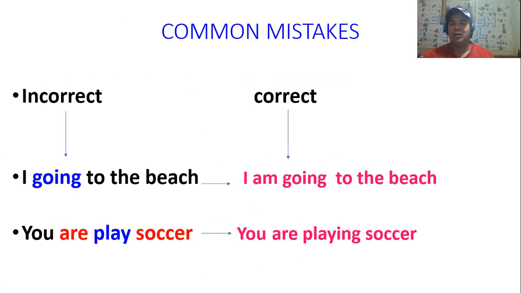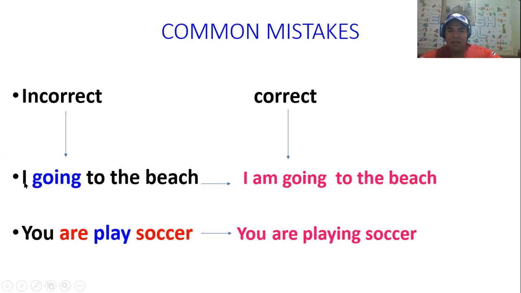So let's continue. Common mistakes. Errores muy comunes. When we are using this structure, we make mistakes. Like this one. Sometimes people forget to write the verb to be. Se les olvida escribir el verbo to be.